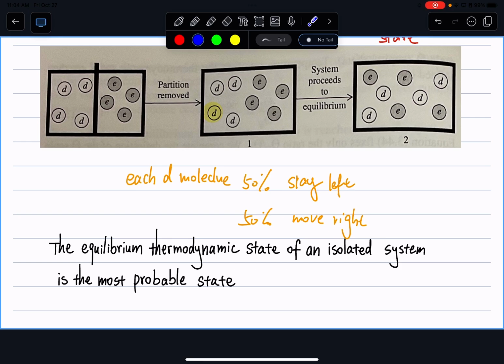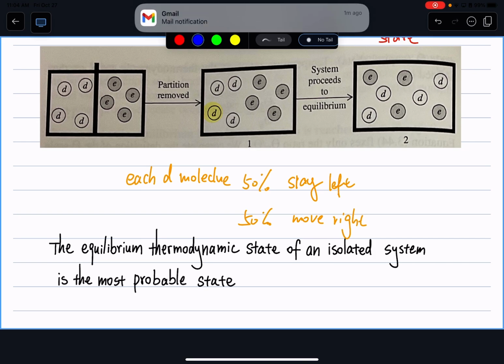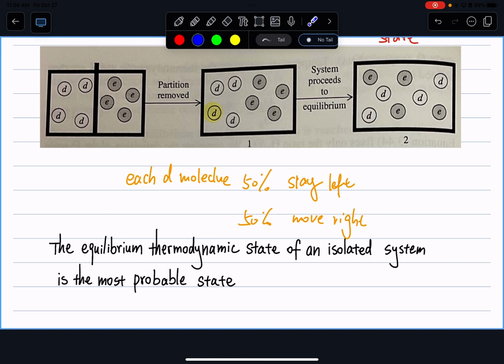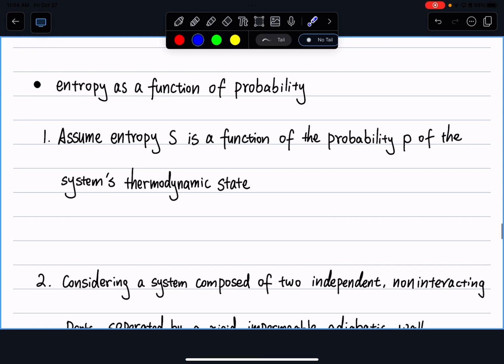So now we know we have two things that are maximized at the equilibrium state. One is entropy: dS equals 0, so entropy is maximized at equilibrium. At the same time, the probability is also maximized at equilibrium. Taking that together, we can come up with a hypothesis that entropy is a function of probability.